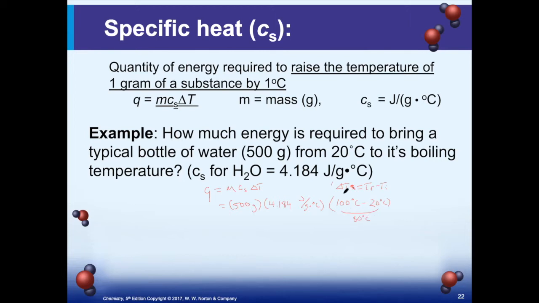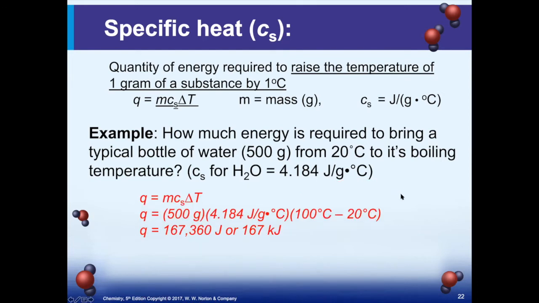But this is the most important thing because this will help you get the sign correct. Remember, we said that the sign on this Q is important. If it's negative, it has one meaning. If it's positive, it has a different meaning. Well, the way in which you get the correct sign on Q is you do this part of the calculation correctly. Okay, always final temperature minus initial temperature. Okay, so now I'm going to erase that, and we'll do it with PowerPoint to finish up.